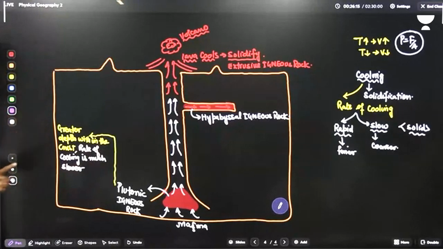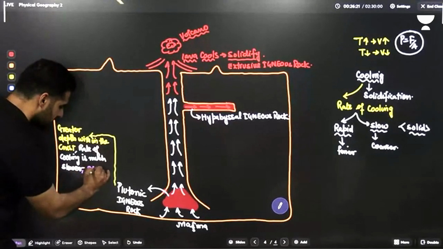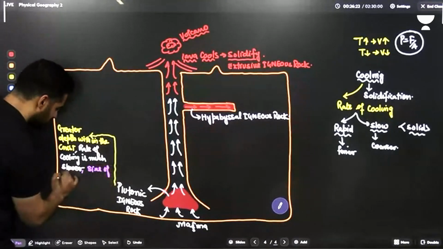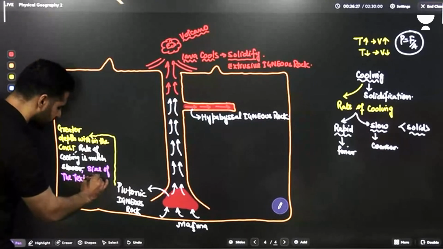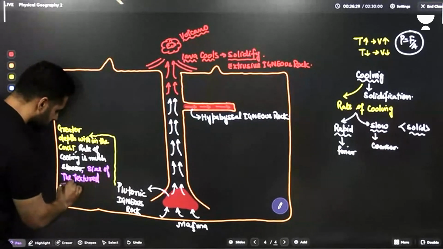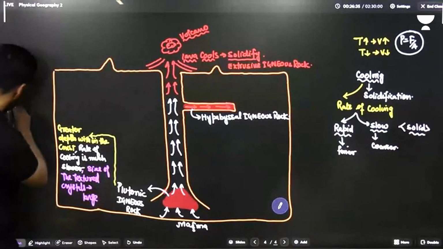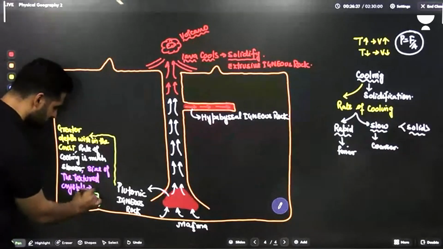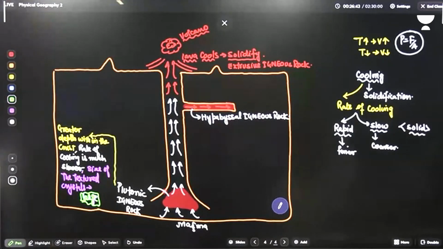Because temperature difference is less here. So where the rate of cooling is much slower, thus the size of the textured crystals will be large. Can I say simply will be coarser? Hope it is clear. यहाँ तक समझ आ रहा है?